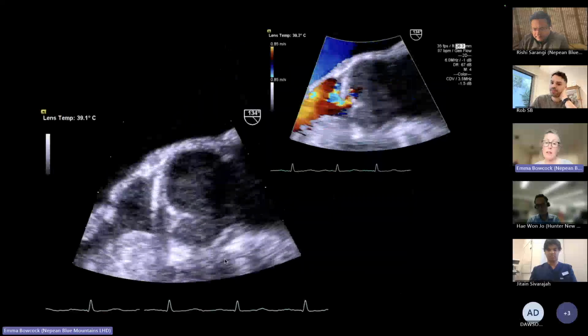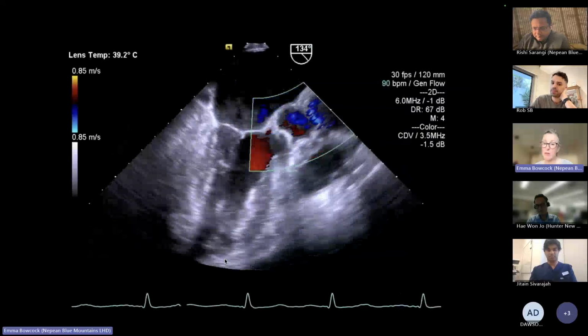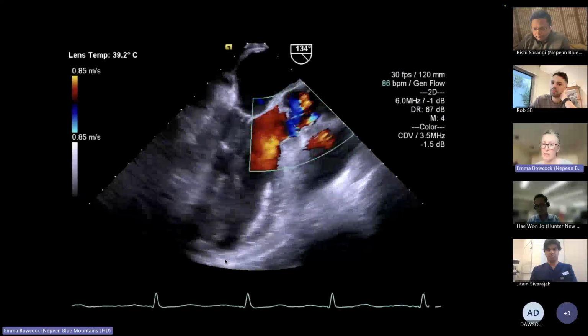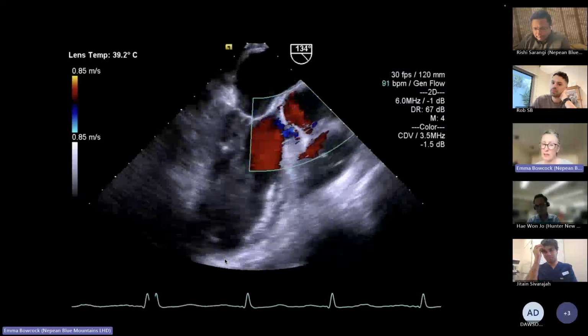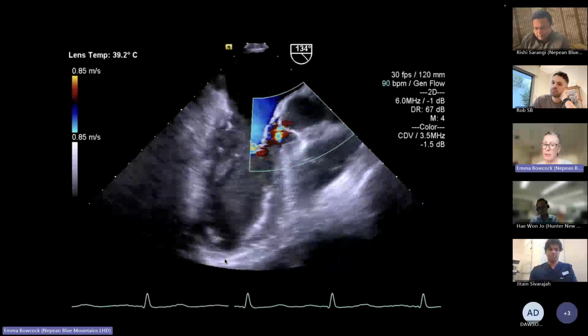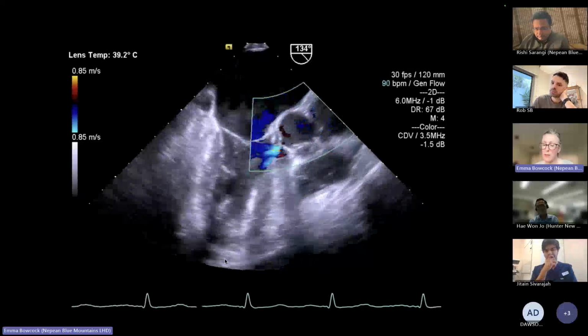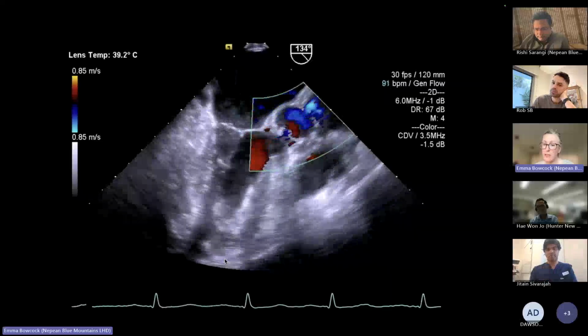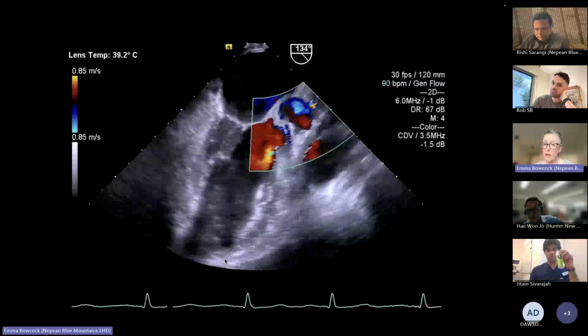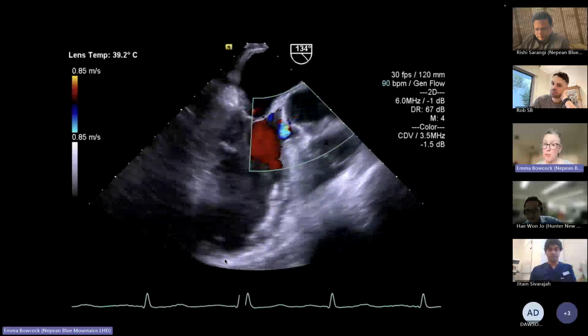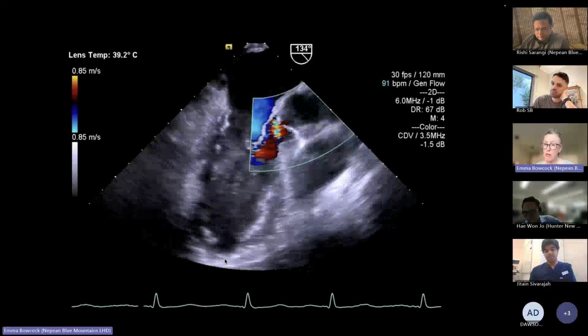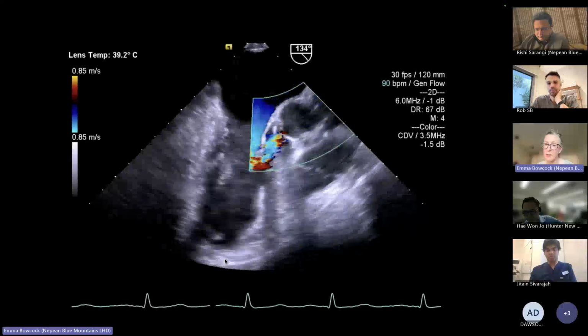The mechanism, probably when you get here, that looks like a really nasty, as you say, colour splay. Can't really see a PISA, but it looks highly eccentric. And as you say, with that lack of LV remodeling in this history, you very much worry about an acute cause of aortic regurgitation. And the two main things are going to be dissection and IE, right?